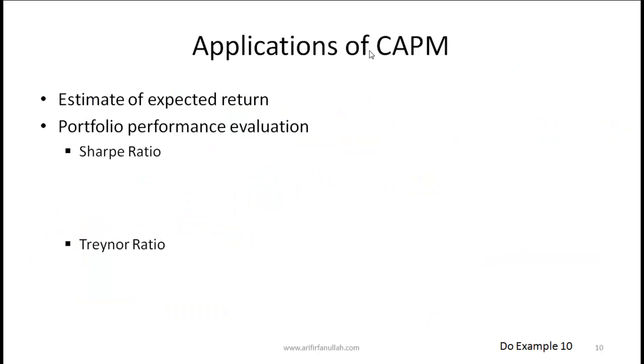Let's now talk about a few applications of the capital asset pricing model. One of the most important applications that you saw in corporate finance is that we use this model to estimate expected return. If you recall, in our weighted average cost of capital formula, one of the inputs was the required return on equity, and to calculate the required return on equity, we actually used the CAPM formula.